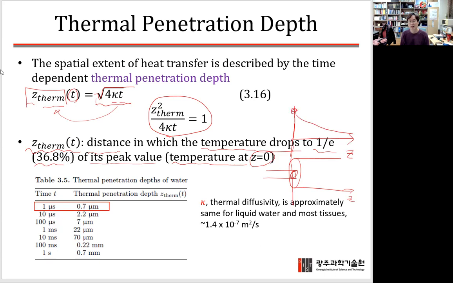So the surface will have the highest temperature increase, and then if you see the point which is about 37% of this peak value, then this distance is basically the δ term, and that is called the thermal penetration depth.